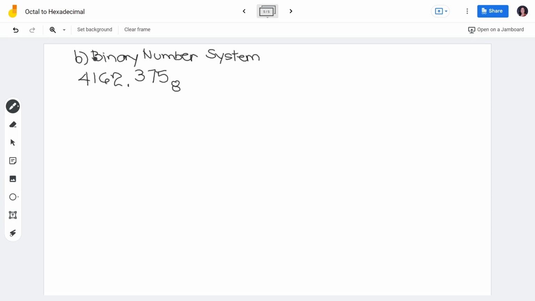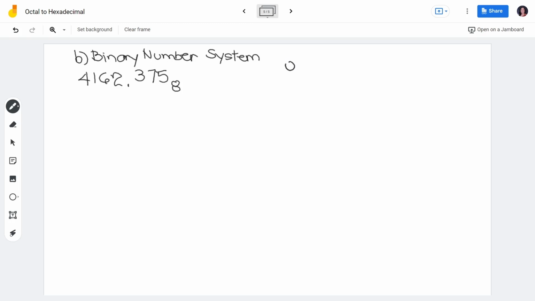So, for the binary number system, octal to binary, we should know the values of octal. To convert it, the digits of the octal numbers are 3 digits in binary. So, for you not to memorize, let's derive the table. Octal is 8, so 8 divided by 2 is 4.